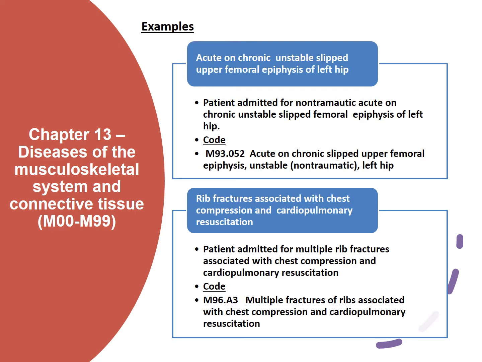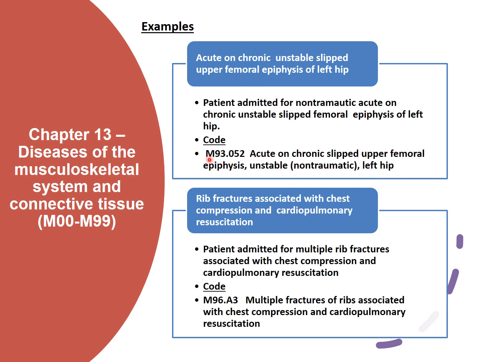Coming to the next example. The patient admitted for non-traumatic acute and chronic unstable slipped femoral epiphysis of the left hip. The code is M93.052. Here it is acute and chronic, unstable slip, and the laterality is left hip.